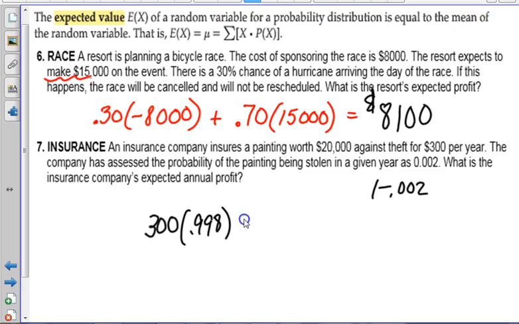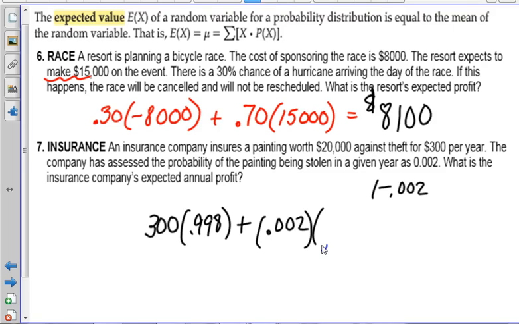All right? But 0.002% of the time, what happens? We have to pay out $20,000.